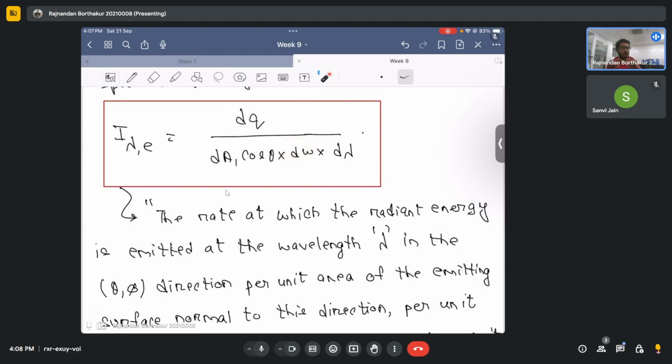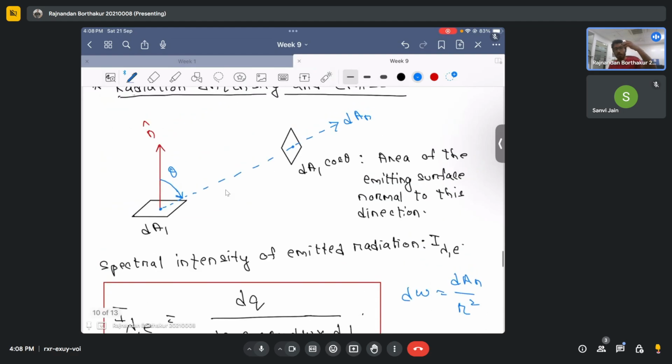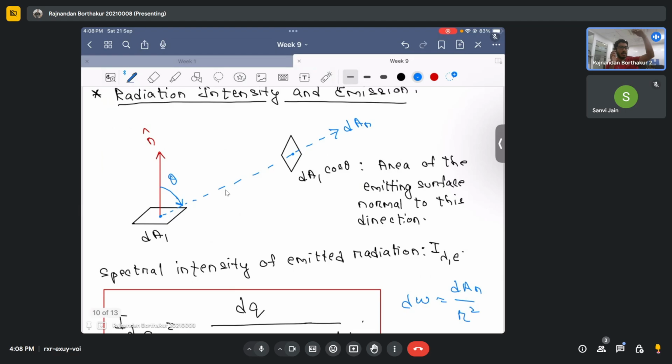For instance, if I have a sphere, a solid angle, I think you know this, is denoted as d omega or dw. It is equal to dAn divided by r square, where dAn can be thought of as the fictitious area normal to the direction in which we are looking at the radiant energy, divided by the distance between the source and the object.